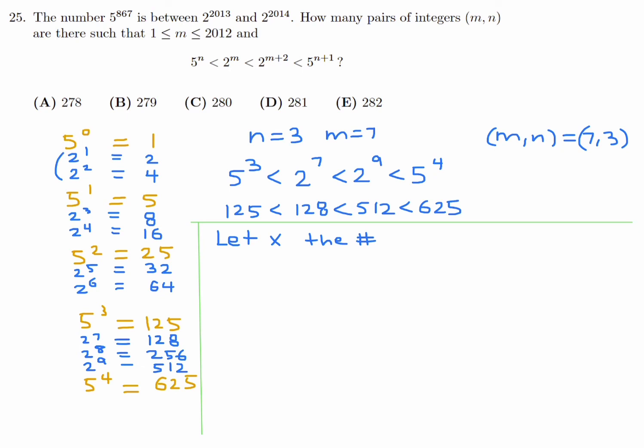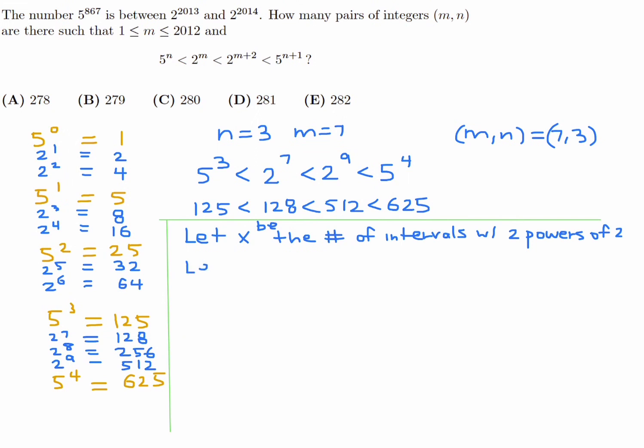So this is one such, this is another such, this is another such interval. And let y be the number of intervals with 3 powers of 2. So that would be basically this scenario right here.